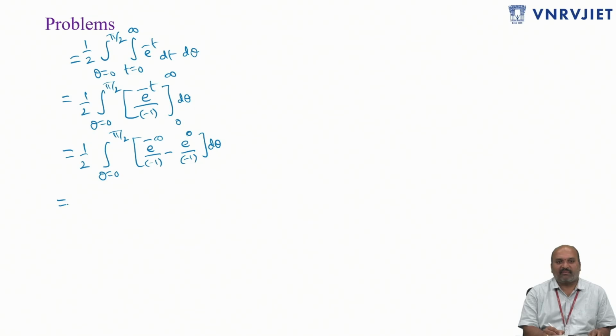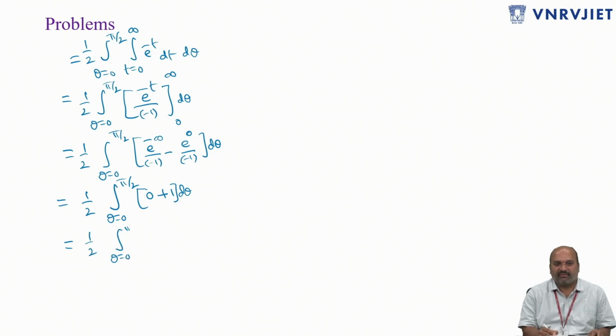What is actually e power minus infinity? E to the power of minus infinity is 0. Okay. So the upper limit has no contribution, and minus into this minus gives plus e power 0, which is 1, into d theta. This equals 1 by 2, integral theta from 0 to pi by 2, integral 1 d theta. Let's evaluate this integral.